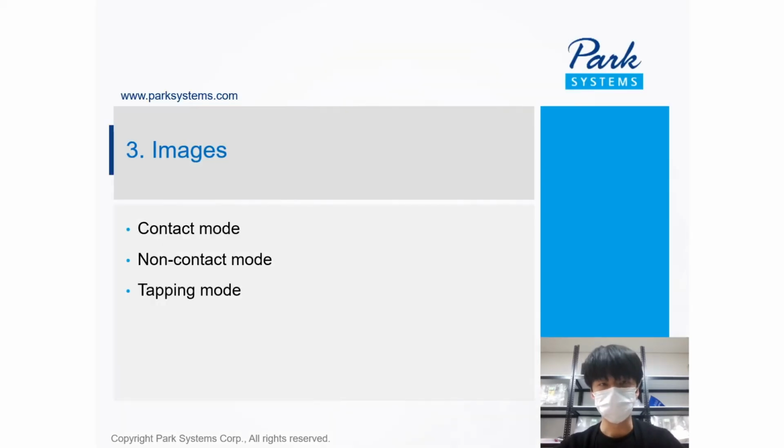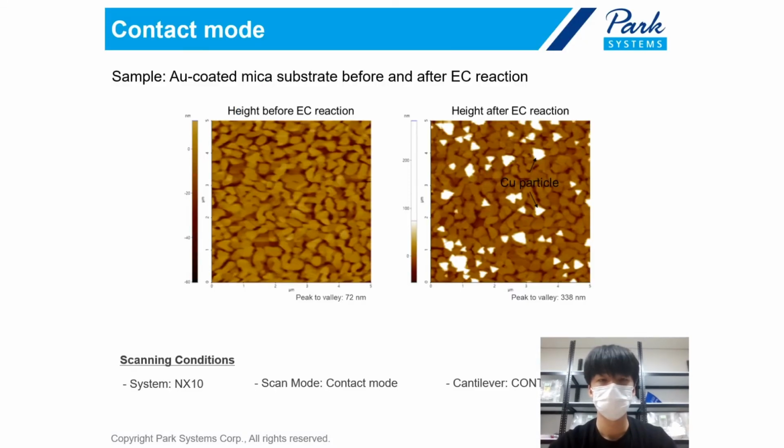So now we will see some simple examples of images measured by the three different basic AFM modes. This is the example with a gold-coated mica substrate before and after AC reaction.